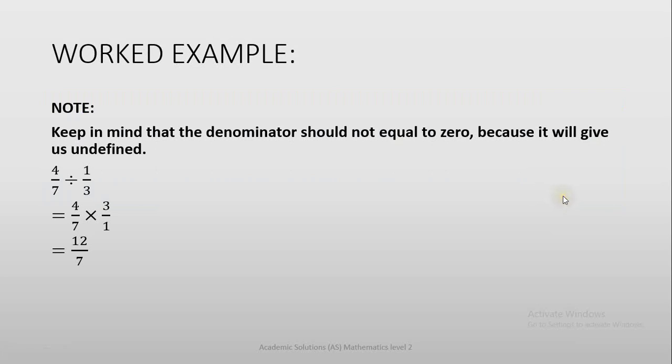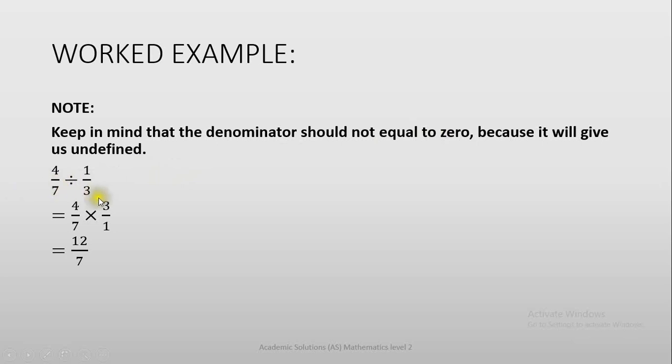So going forward, we have another example. Please keep in mind that the denominator should not be equal to 0 because it will give us undefined. So any number divided by 0, guys, is undefined.